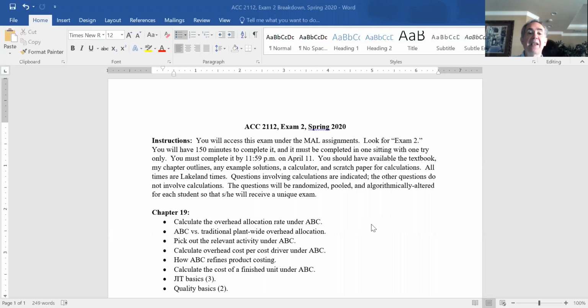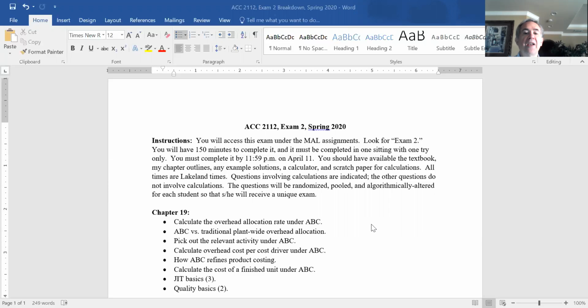Then the next one is to pick out the relevant activity under activity-based costing, such as number of parts for assembly, or machine hours for some machining activity, such as stamping out metal parts, something of that nature. It'll be obvious which one is a good activity for you.